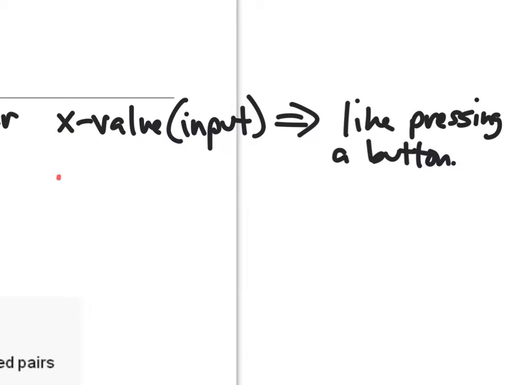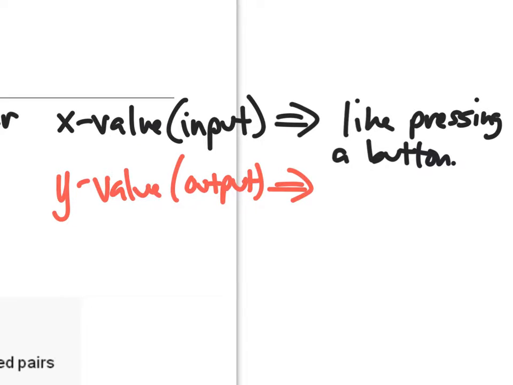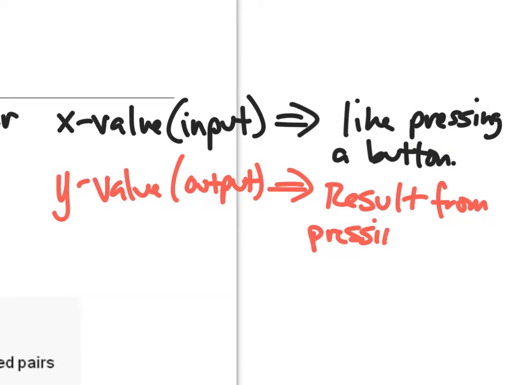The Y value, also called the output, is the result from pressing a button. And here's the thing.